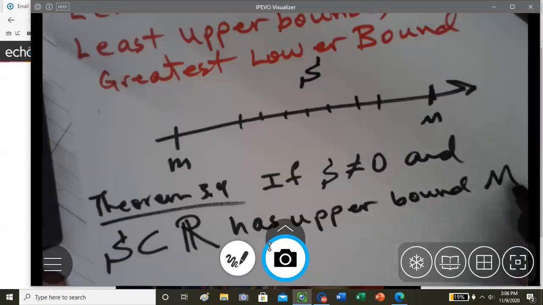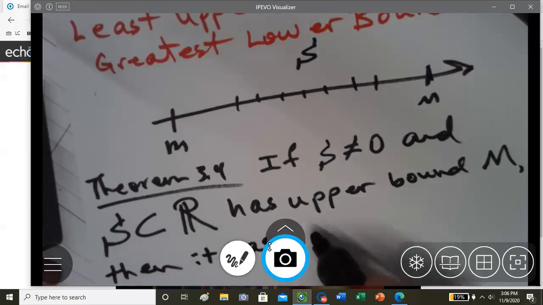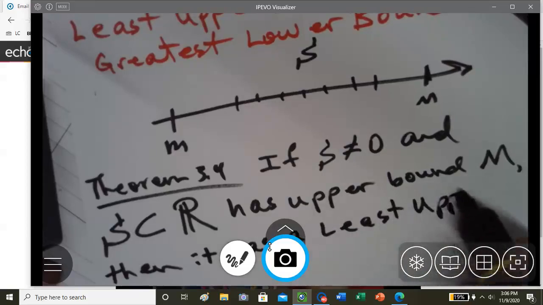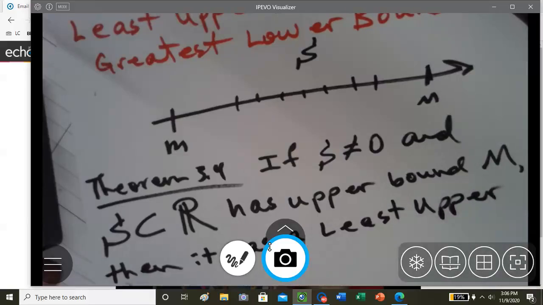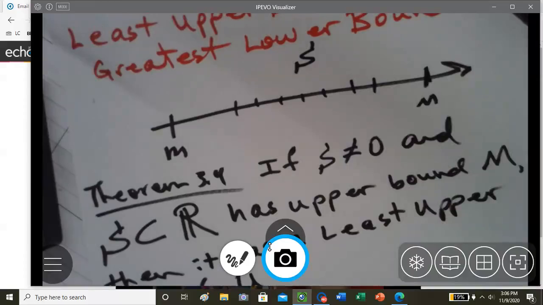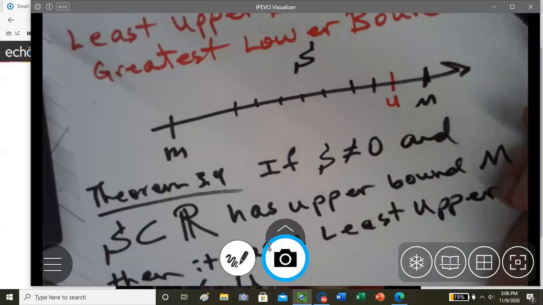And then the theorem is stating that it has a least upper bound, U. So that means that this least upper bound is the absolute lowest upper bound.